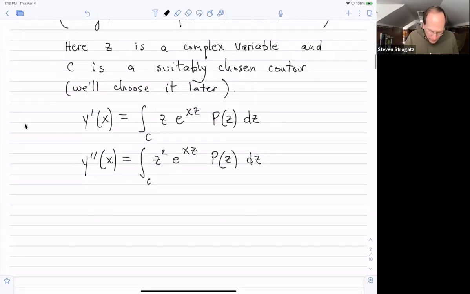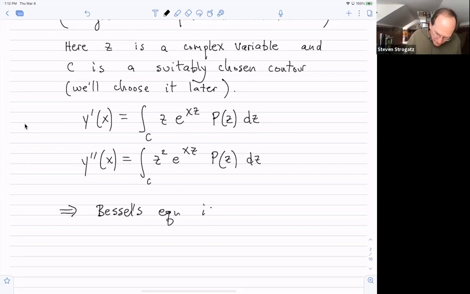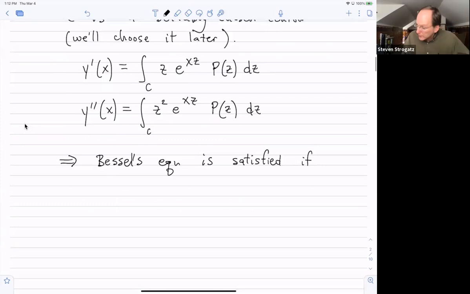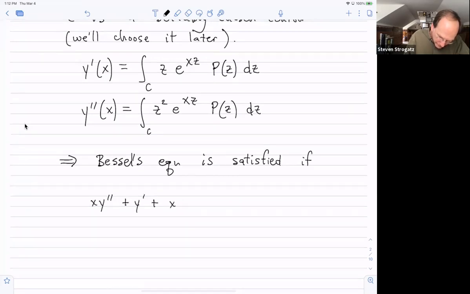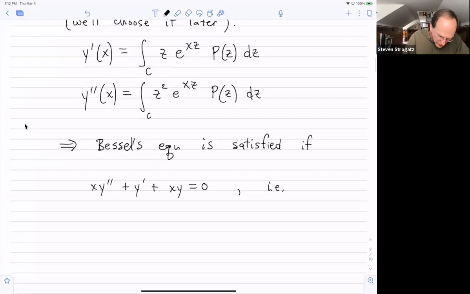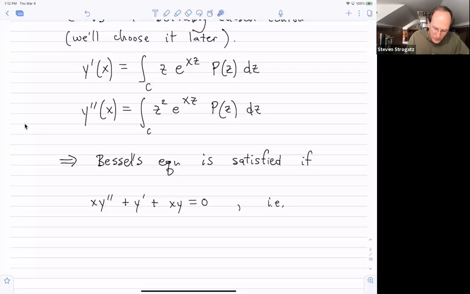And then when I substitute this into Bessel's equation, we'll see that Bessel's equation will be satisfied if, well, let's write it out. We're trying to solve x y double prime plus y prime plus x y equals 0, and now substituting all that in there, you can notice everything is basically integrated with respect to this p of z e to the xz.